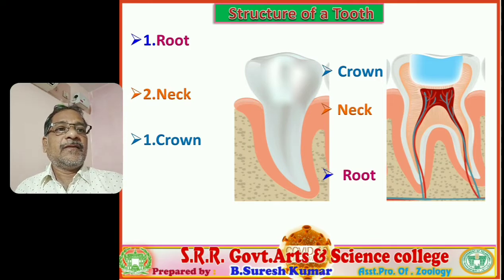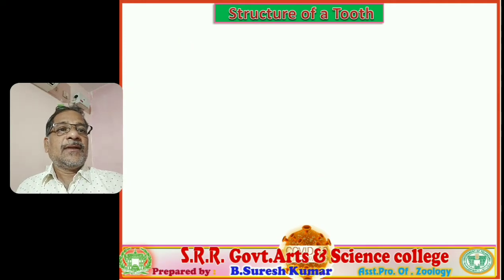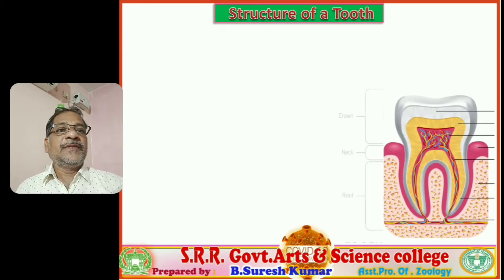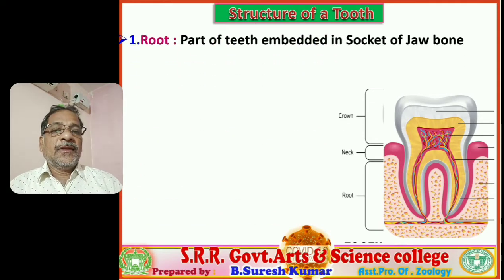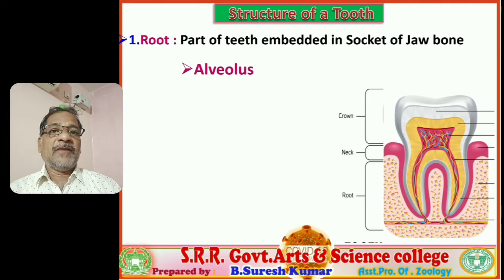Let us discuss in detail. You observe this visual. First, about the root. What is the root? The root is the part of the tooth that is completely embedded in the socket of the jawbone. In the last class we discussed that the socket of the jawbone is called the alveolus. Of the entire tooth fixed in the alveolus, the part embedded in the socket of the jawbone is considered the root. In this visual, the part of the tooth is embedded in the pink colored socket of the jawbone.